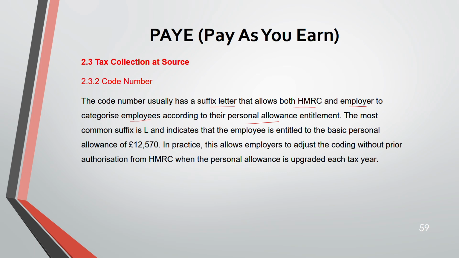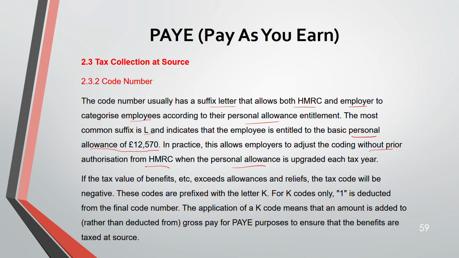The most common suffix is L and indicates employees entitled to the basic personal allowance of 12,570. In practice, this allows you to adjust the coding without prior authorization from HMRC when the personal allowance is upgraded each tax year. Now, if the tax value of benefits exceeds your allowance, you are going to have a negative tax code.